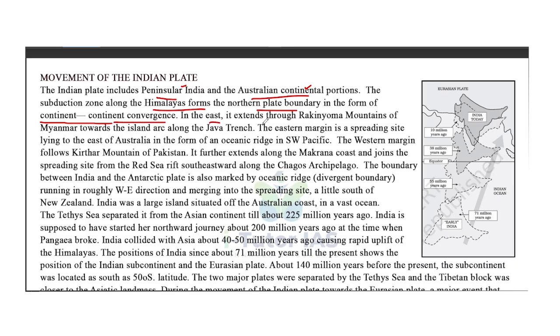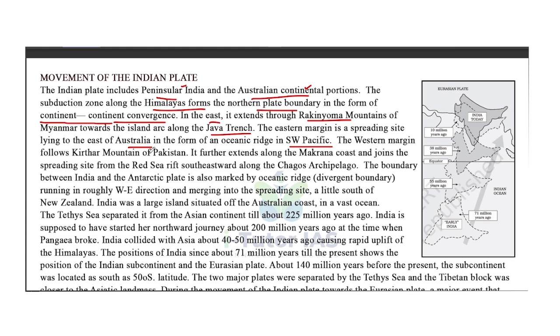In the east, it extends through the Rakhine mountains of Myanmar towards the island arc along the Java Trench. The eastern margin is a spreading site lying to the east of Australia in the form of an ocean ridge in the Southwest Pacific.